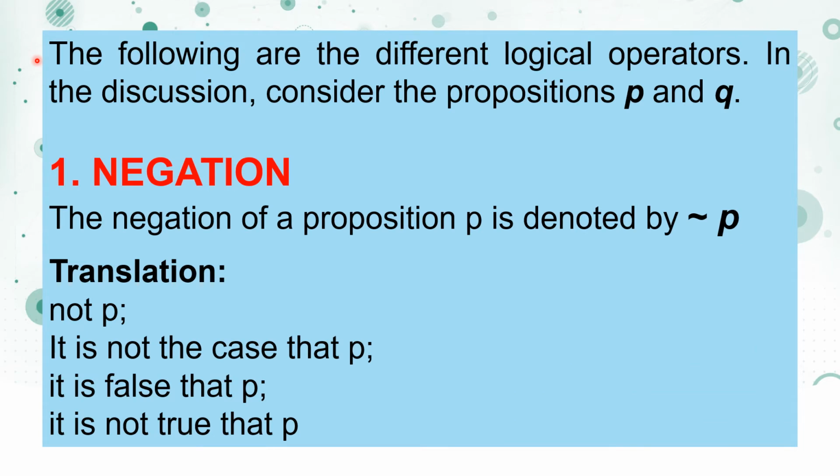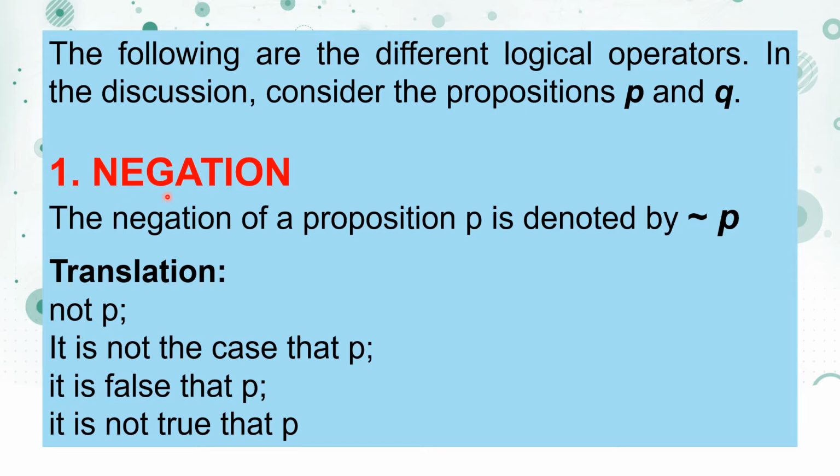The following are the different logical operators. In the discussion, consider the propositions P and Q. So the first logical operator is the negation. Negation means it's the opposite of a given statement.